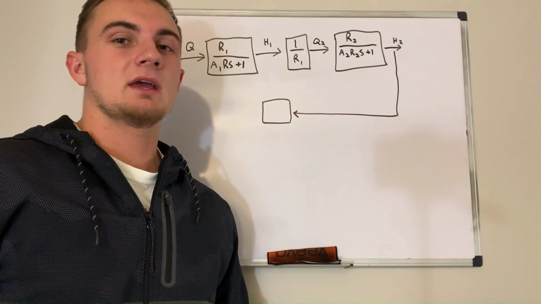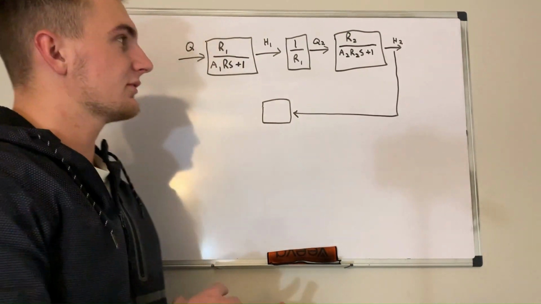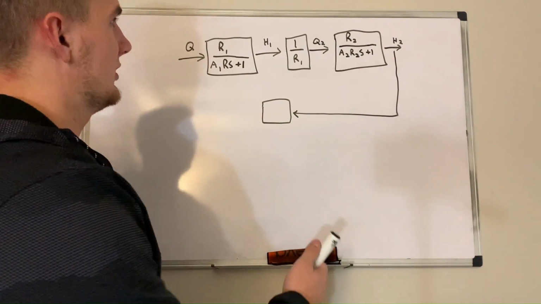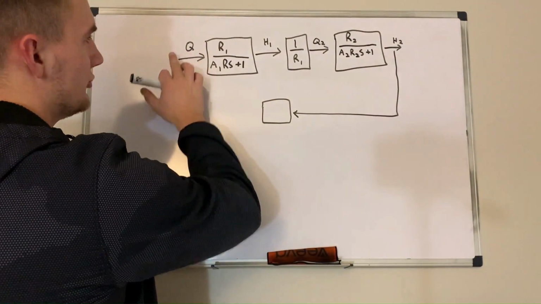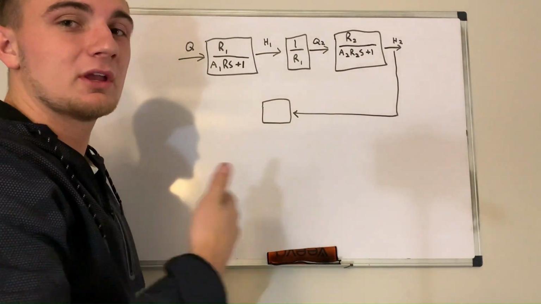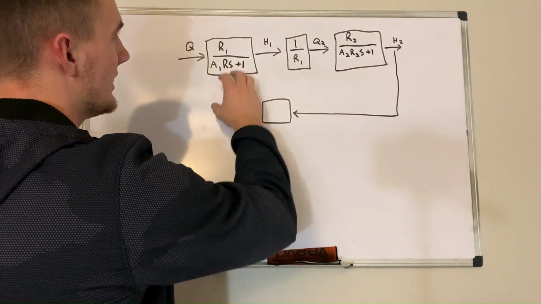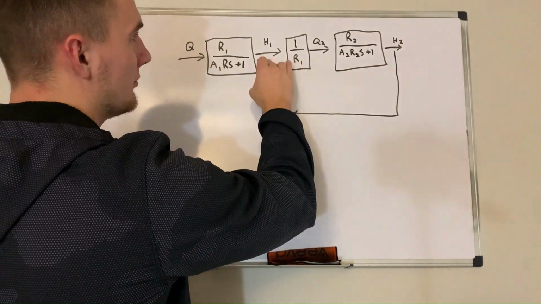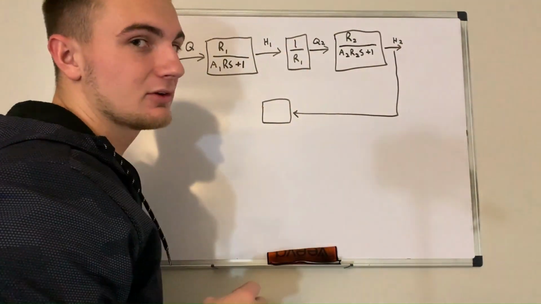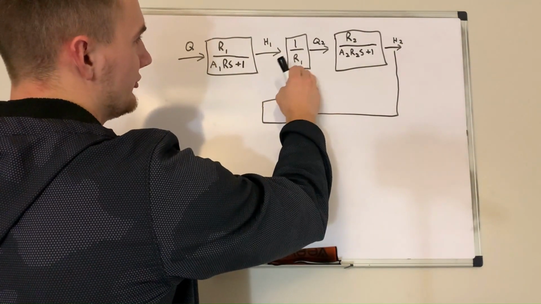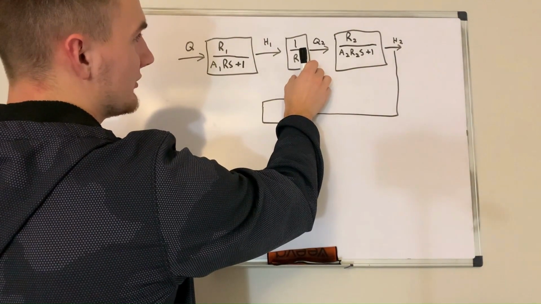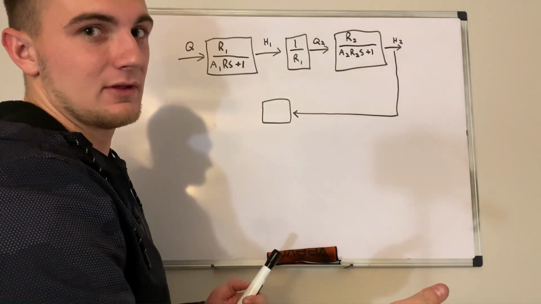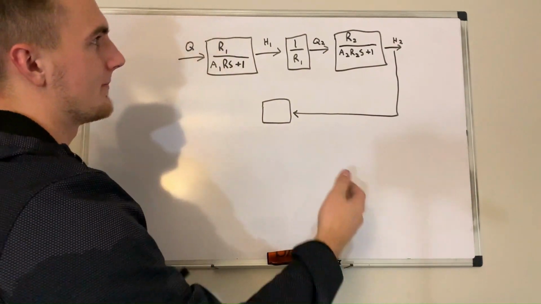What we're going to look at now is a process control loop. Essentially what we have is 2 tanks, and Q is the flow rate going into our first tank. It then goes into a transfer function which outputs the height of the first tank, which goes into a transfer function again to give us the flow rate out of that first tank, Q2.